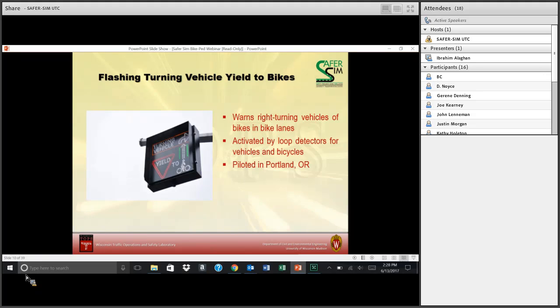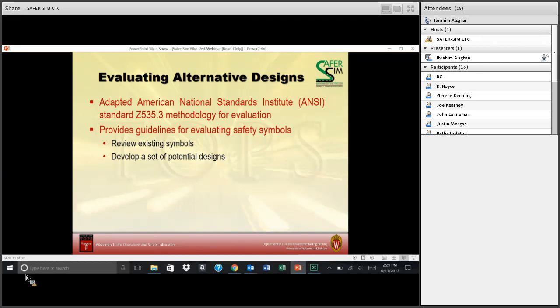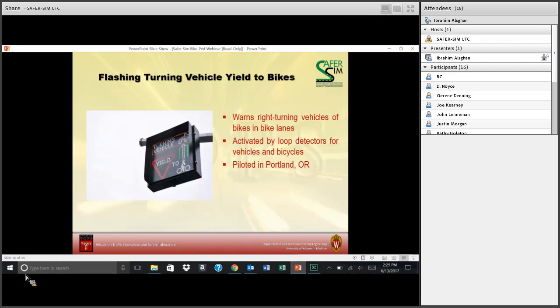When the loops detect both a driver and a bike, it starts a solid warning, which is a presentation of one of the MUTCD signs. It is for right-turning drivers and a bike in the bike lane. Yeah, next.